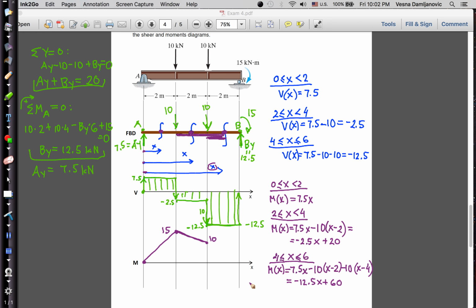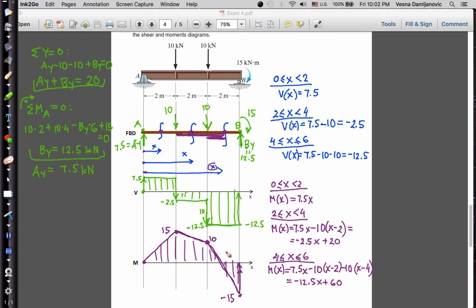And that's this much here, so it should be around here, minus 15. And when you look at that, it's a straight line that comes down to minus 15. And sure enough, it doesn't end at 0. Here is the only place where, if you really need to put arrows for yourself, I would put 2 arrows for the moment, because we do have this moment of 15 right there. And so this is our moment diagram.